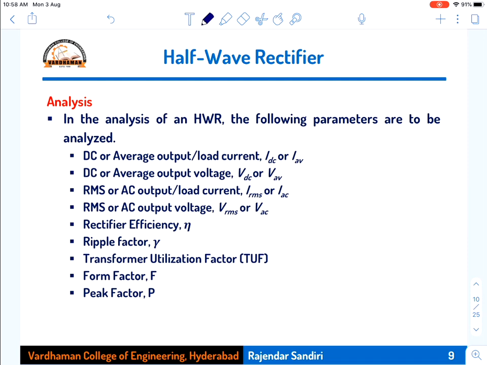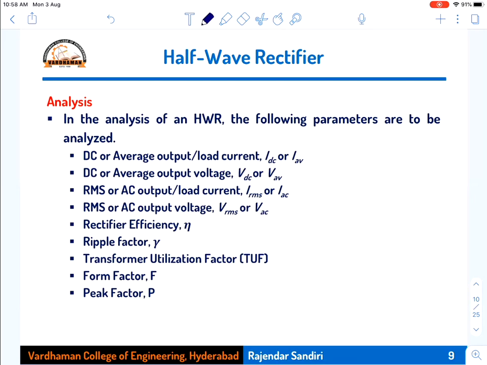The other parameter to calculate is the ripple factor. Ripple factor is the ratio of the RMS value of the AC component in the output divided by the DC in the output. So how much ripple or AC content is present in the output, which is a combination of AC plus DC?